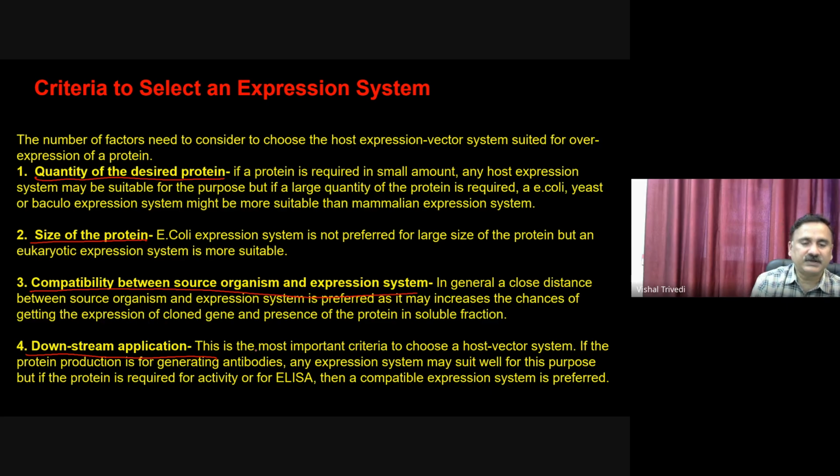For example, if I'm trying to develop a protein for vaccine purposes, then I cannot use E. coli as an expression system, because it is very difficult to get FDA approval. If you are using the E. coli expression system, then bacteria or bacteria-derived products could be released, and they could be responsible for allergic reactions.